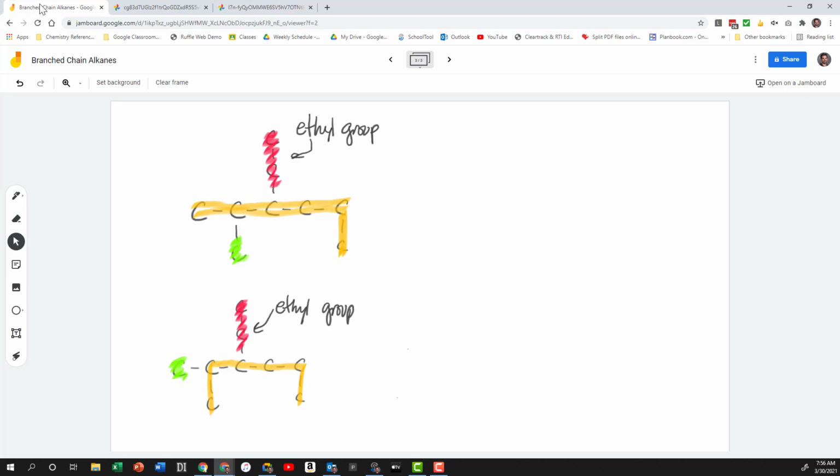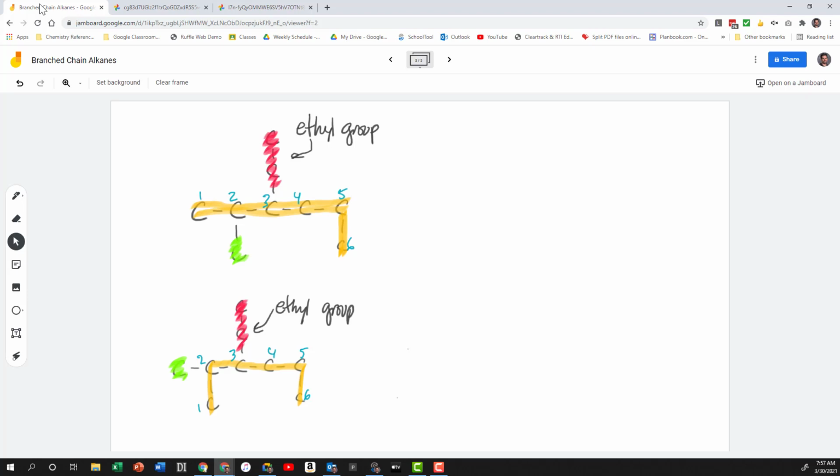So this name is, let's number these first. 1, 2, 3, 4, 5, 6. 1, 2, 3, 4, 5, 6. I don't remember, but I think they're supposed to go in alphabetical order. So I think the ethyl group goes first. So it's going to be, it's a 3.